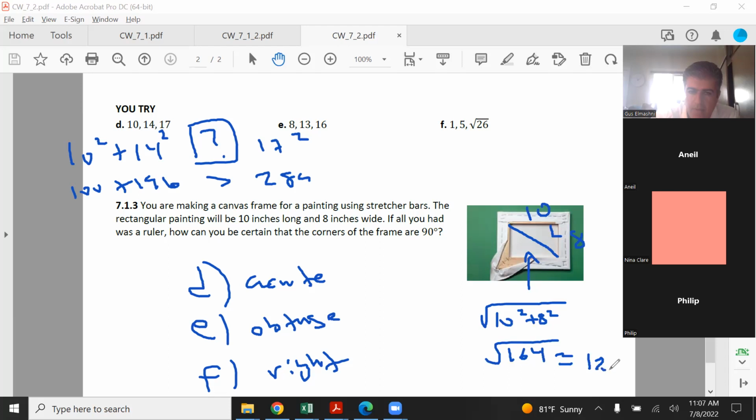So then if I were to get a ruler, I'd want to make sure that the diagonal measure is 12.8 inches.